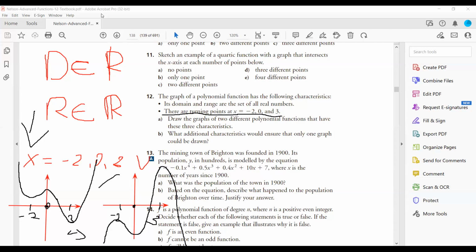Remember, we've been investigating the zeros of the function. Because right now I can draw one more function that will correspond to the criteria. If you look here, I can go up to here, then turn here, then turn here, then turn here.